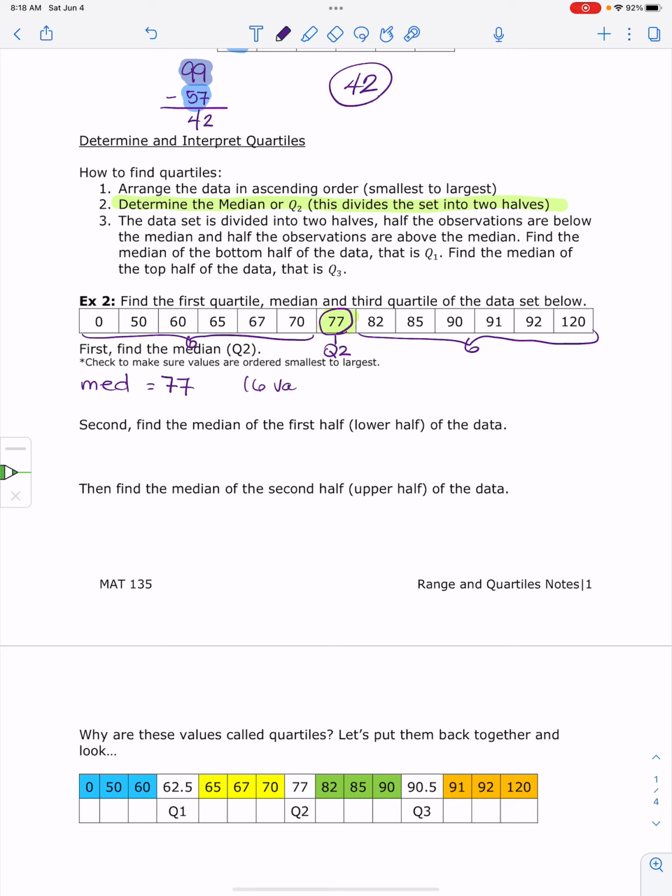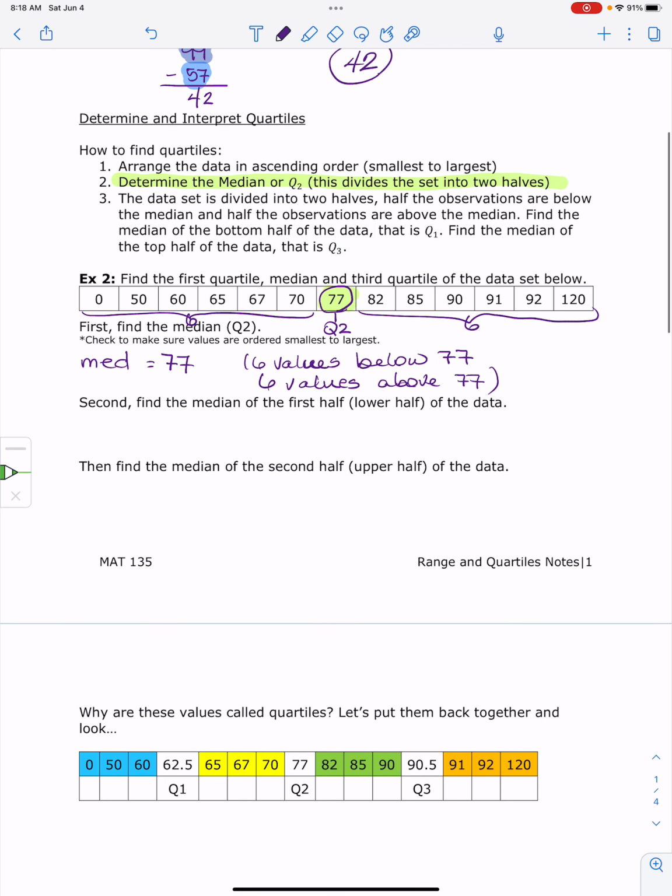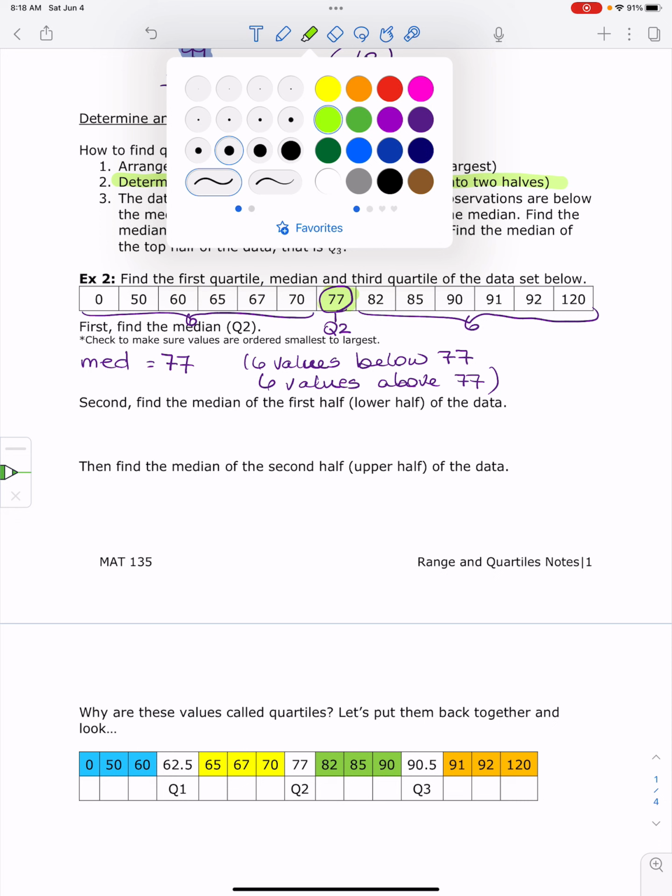So we have 6 values below, and we have 6 values above 77. Okay. Now we want to take each of those halves and we're going to divide those again.